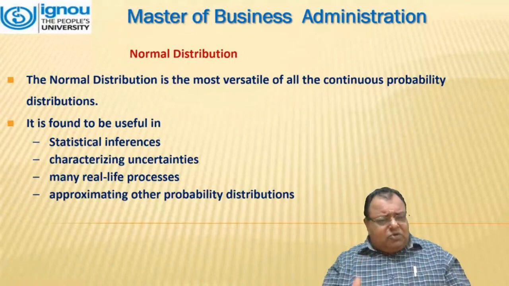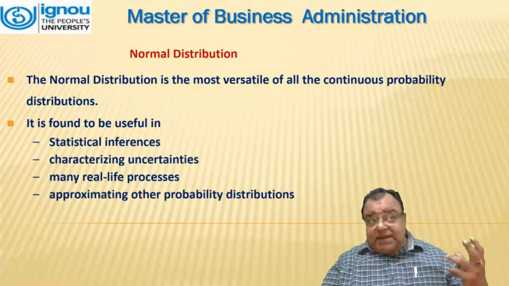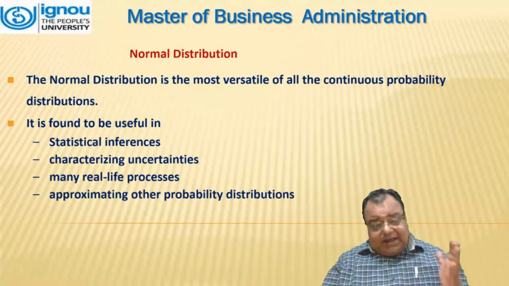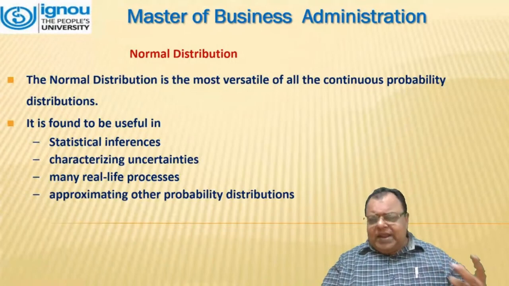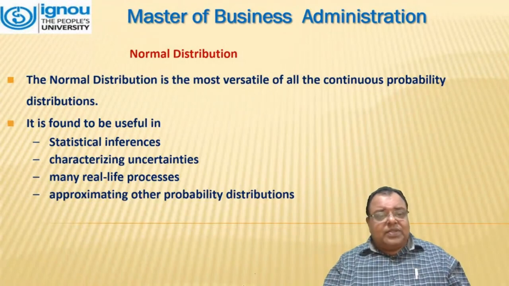Normal distribution is the most versatile of all the continuous probability distributions. It is found useful in statistical inferences, characterizing uncertainties, many real-life processes, and approximating other probability distributions.